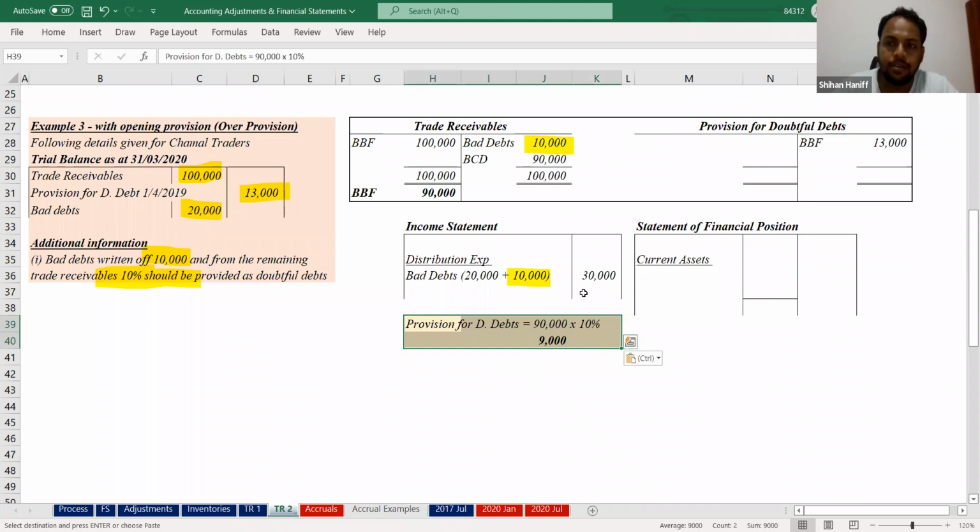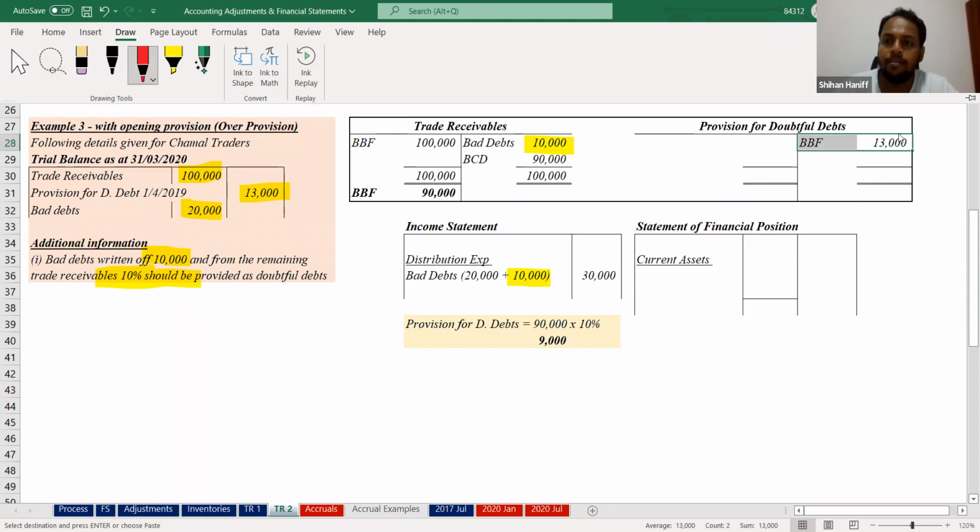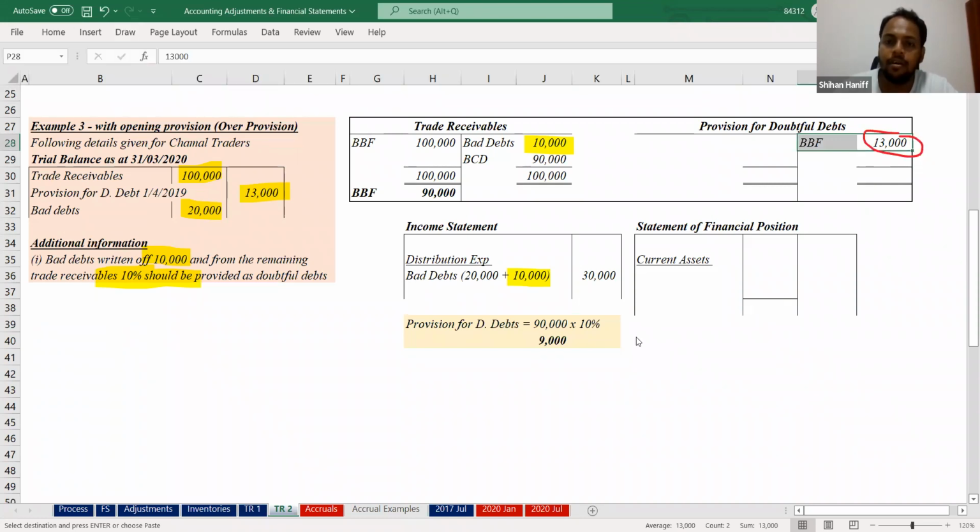Now here, your opening balance is 13,000, but the balance should be 9,000. So this is called over provision. We have provided more.